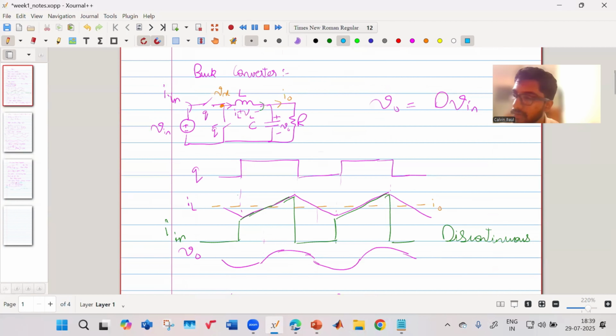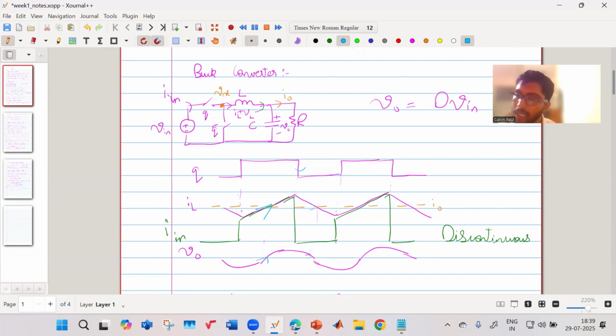So when your gate signal is on, that is your inductor current is rising, that time also it is feeding power to your load. It is transferring that energy to the output. Then when your gate signal goes off, your inductor current is falling, right? And that time your output is discharging, right? So directly when you're turning on the main switch, the energy is being directly transferred. That is why it is known as a direct energy transfer converter.